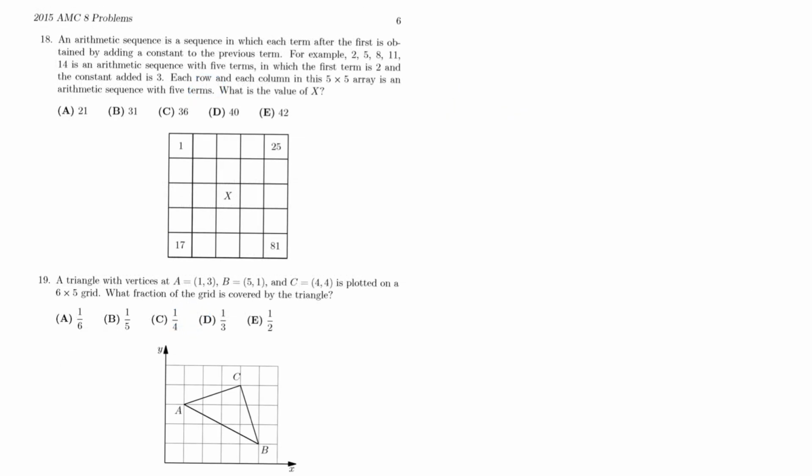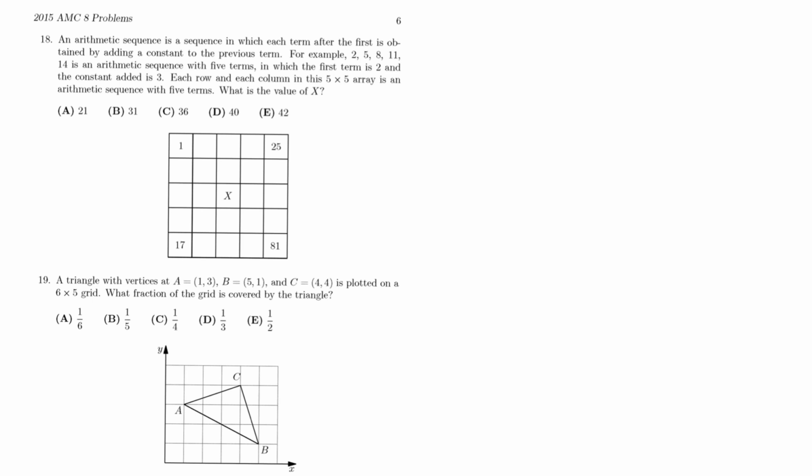Number 18. An arithmetic sequence is a sequence in which each term after the first is obtained by adding a constant to the previous term. For example, 2, 5, 8, 11, 14 is an arithmetic sequence with 5 terms in which the first term is 2 and the constant added is 3.